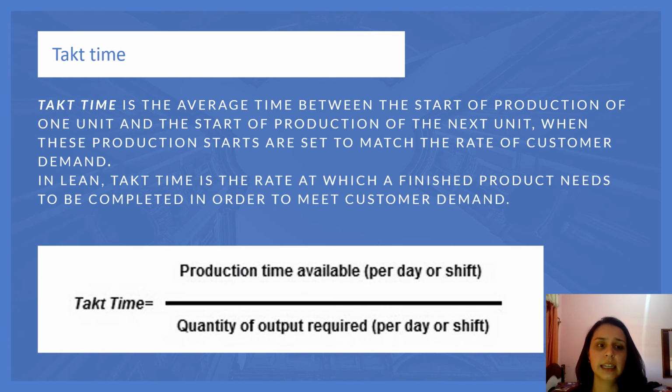and the next is takt time. Takt time is the average time between the start of production of one unit and the start of production of the next unit. Okay, these production starts are set to match the rate of customer demand.